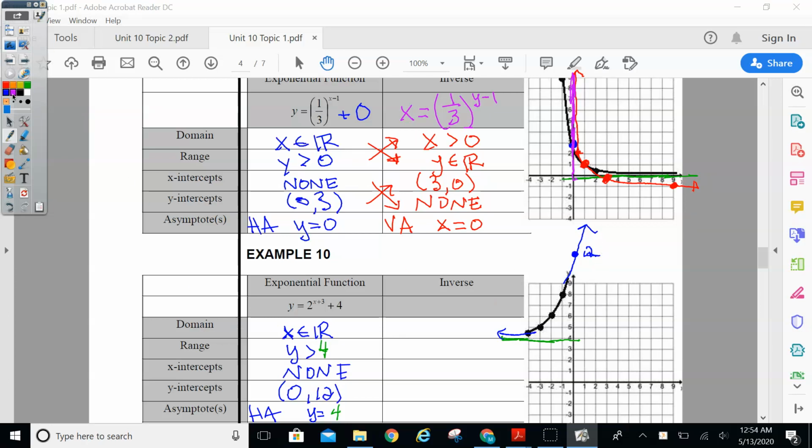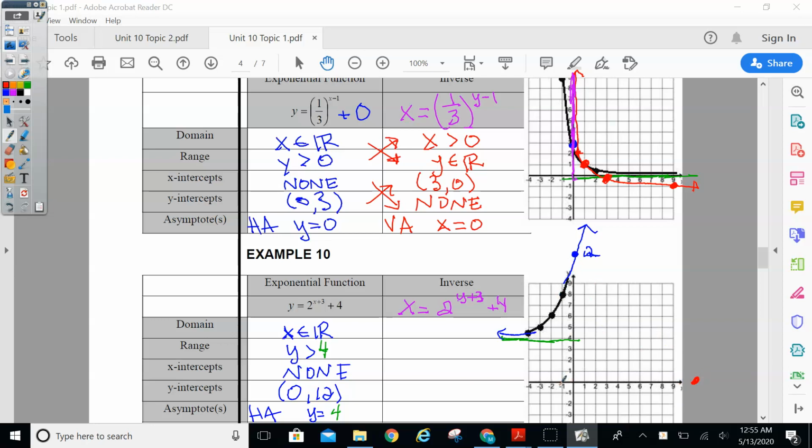Okay, so when we switch the points around, x equals 2y plus 3, and then plus 4. This point at 0, 12 is going to switch to 12, 0, so somewhere out here.